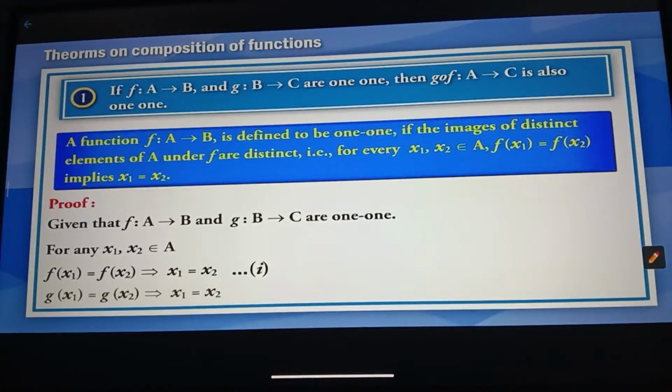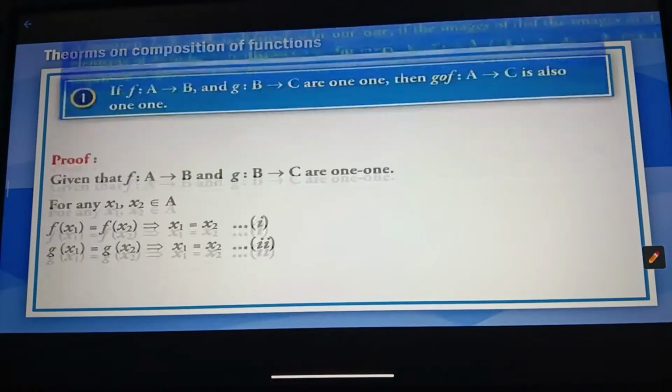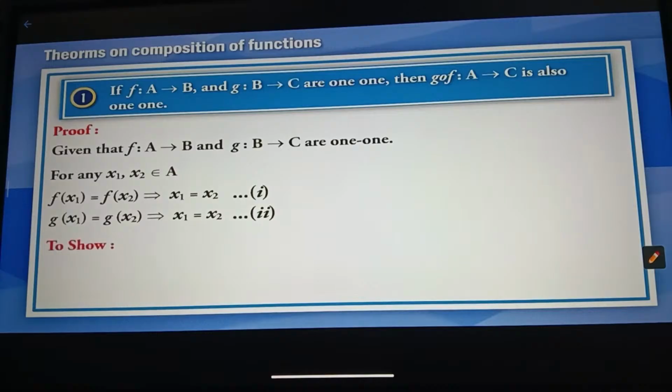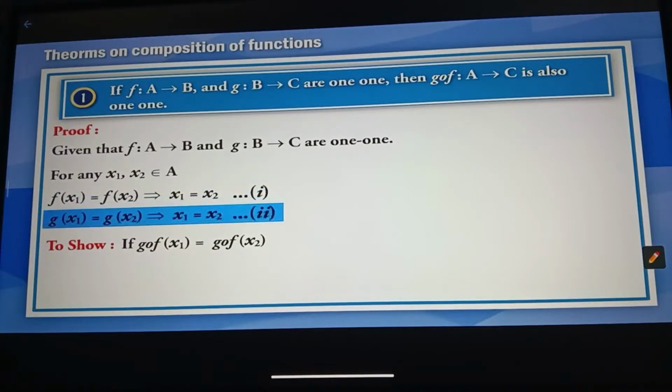Also, g(x1) is equal to g(x2) implies that x1 is equal to x2. To prove that g circle f is 1-1, we will show that if the composition of f and g at points x1 and x2 are equal, then x1 is equal to x2.